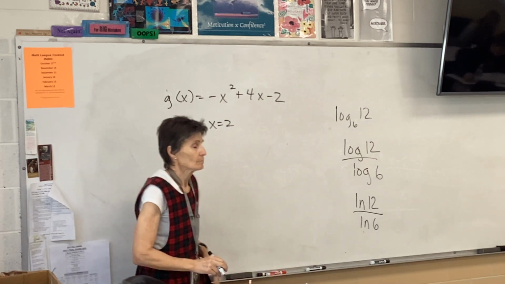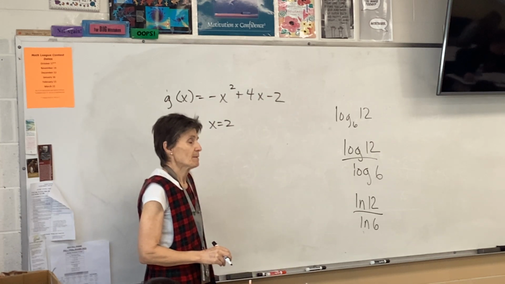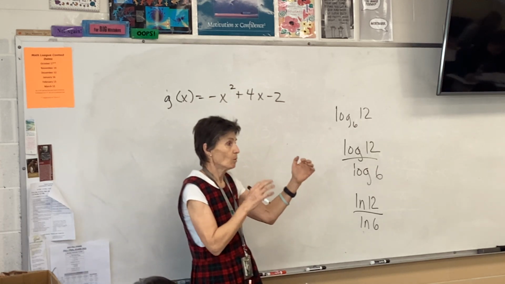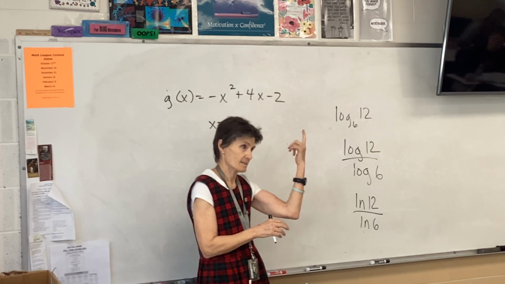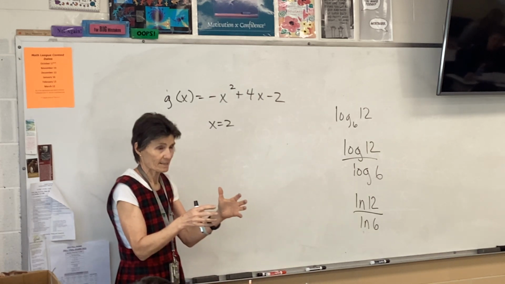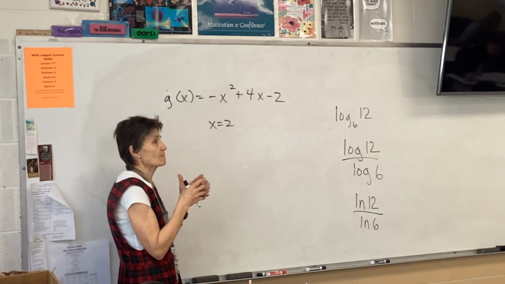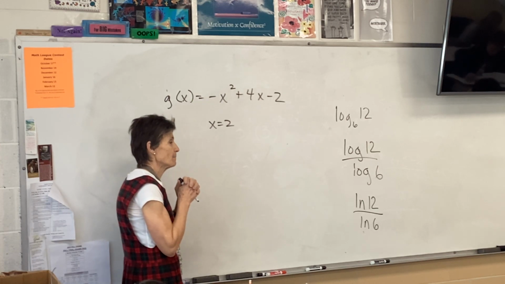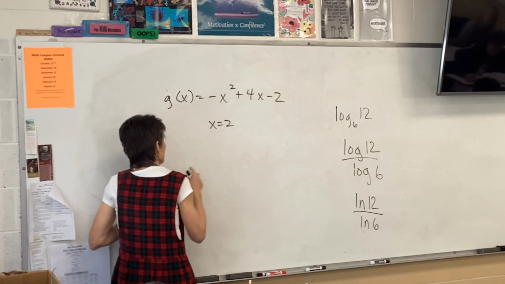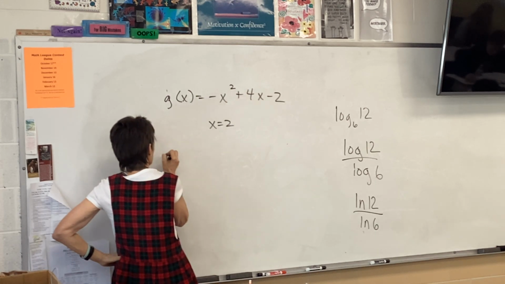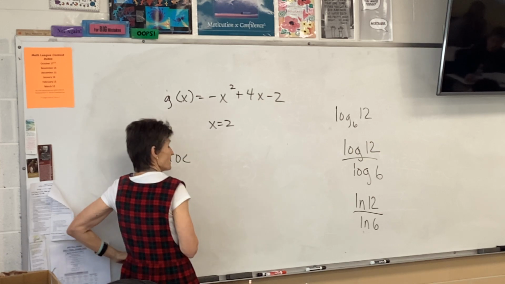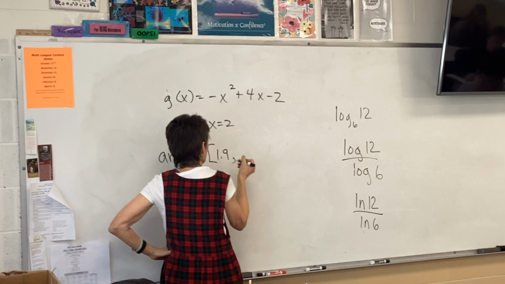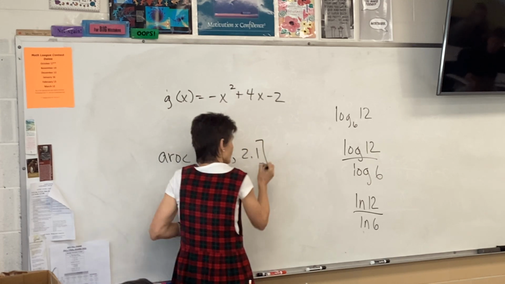Now, I want you to think about this for a second. First of all, there is a calculus way to do this, but we don't have that skill, so we are going to do this from a more logical, a little more tedious way. Would you agree that you could find the average rate of change, let's say on the interval from 1.9 to 2.1? Could you do that?